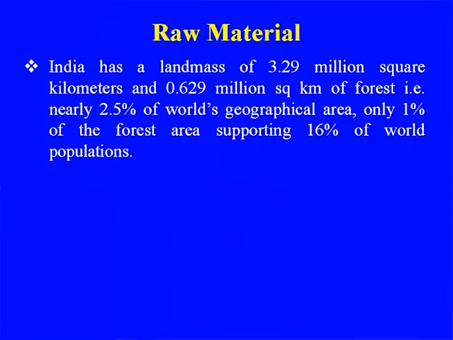And so far as the availability of raw material is concerned, India has a land mass of 3.2 million square kilometers and 6.29 million square meters of forest, nearly 2.5% of the world geographical area and only 1% of the total forest area, and supporting more than 60% of the world population.